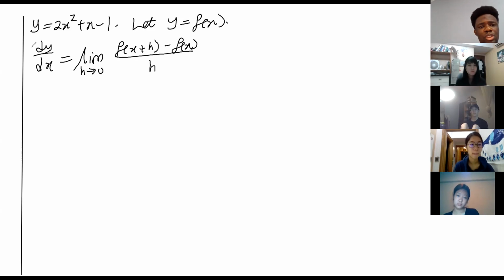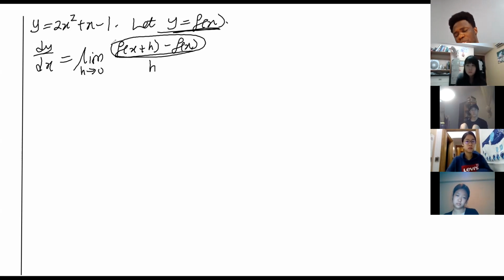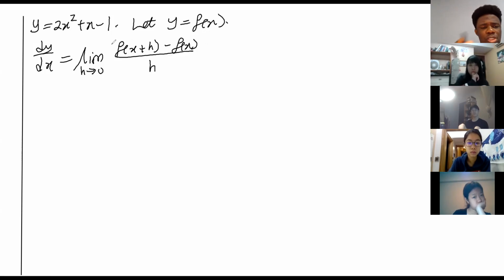The reason I introduced this is because there is no way I can write this numerator if I do not bring in the notation f of x. Does that make sense now? And y could be g of x, it could be h of x. So if I'm using f of x, I should state clearly that my y is now being called f of x. Does that make sense? Just a little detail.